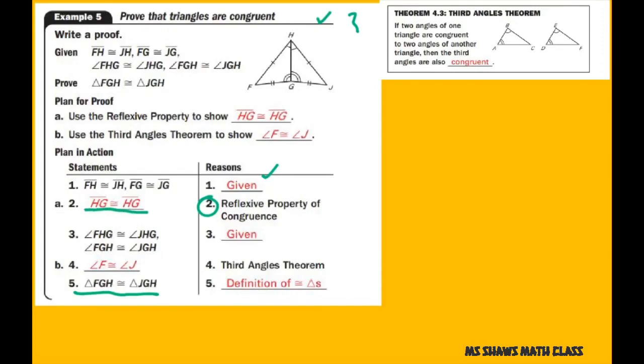So we can get HG in the part. And then we're also using our third angles theorem. So basically, if you have your third angles theorem, then that means that these angles are also congruent.